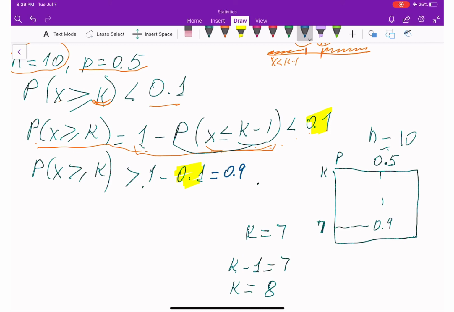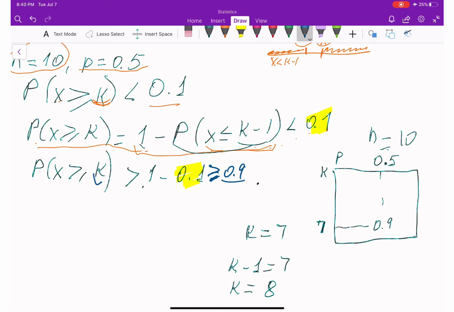Okay, now what we are going to do here, X less than or equal to K minus 1 is equal to 90%. So what we need to find is which value of K minus 1 is greater than or equal to 90%, 0.9. This is what we are going to do.